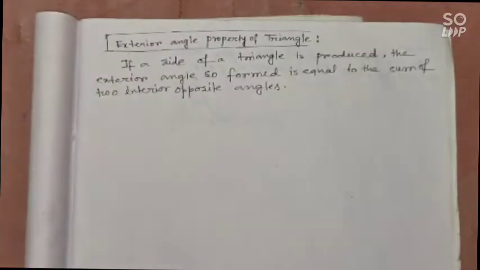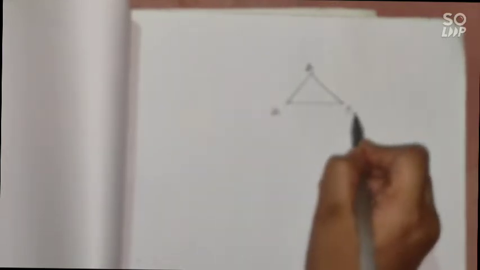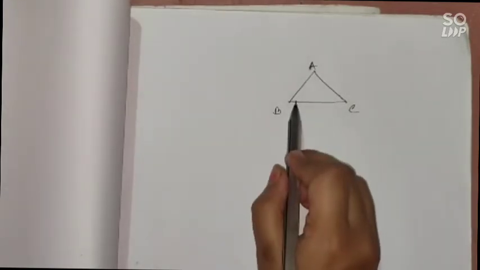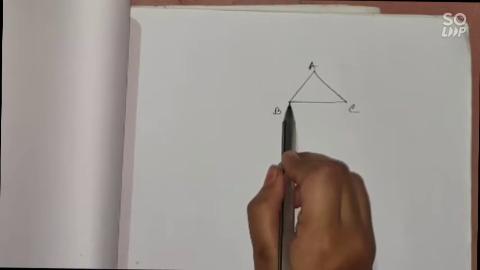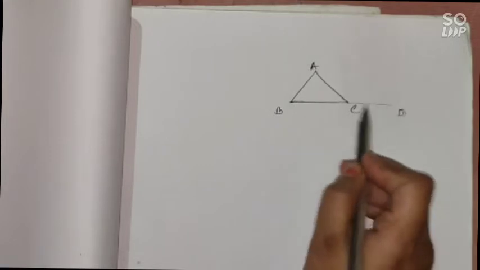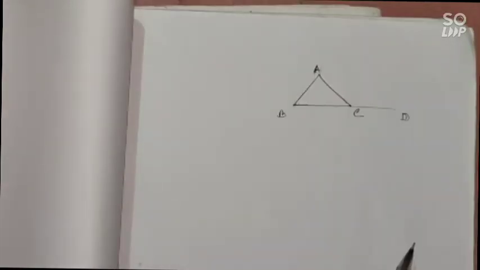What is called the exterior angle of triangle? Suppose this is a triangle and the name of the triangle is triangle ABC. Suppose we produce any side of the triangle, say BC, up to D. Then which angle is created?